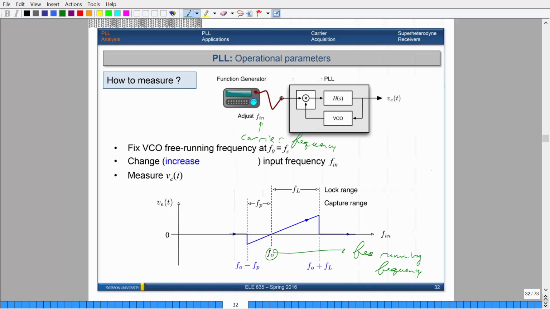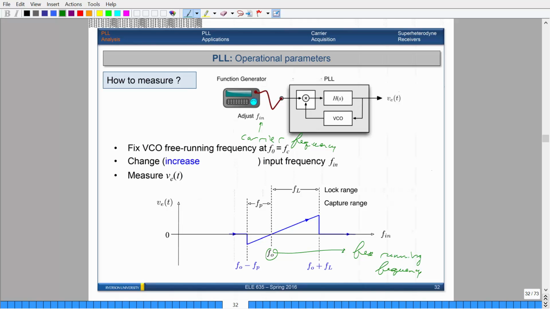As you start increasing your carrier frequency, it makes sense that the range to lock the frequency decreases, because you have very little room left in the voltage controlled oscillator to lock onto the signal. As you go farther away from the voltage controlled oscillator frequency, the less likely it is that it will say, hey, I need to track this input signal, and then start actually tracking it. So that's what's happening here.